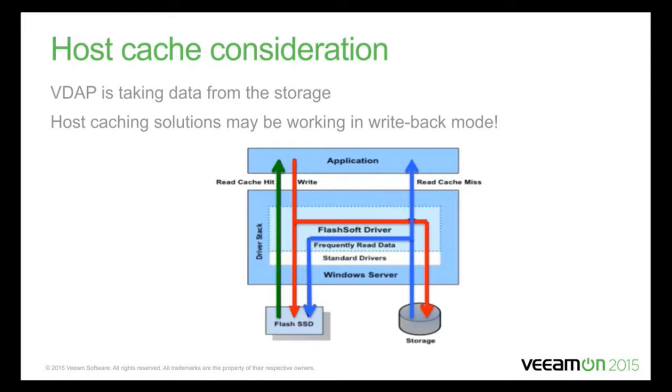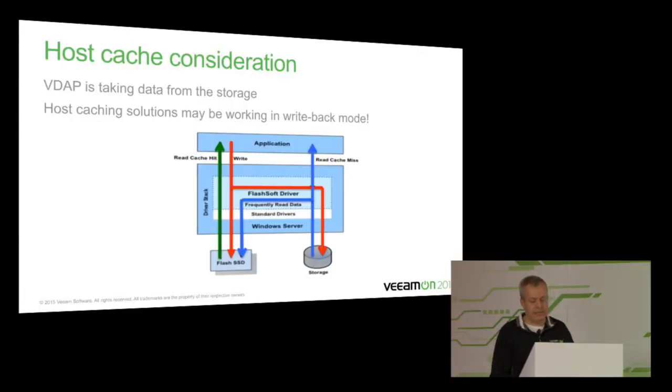In this case, we are also optimizing the read and the write I/O, but this can bring a big backup issue, because your data can be not consistent at storage level. If you take the data from the storage, or if you are using the API, in any case, you are working on the storage side. If data are not flushed from the cache to the storage, you can have some issues.